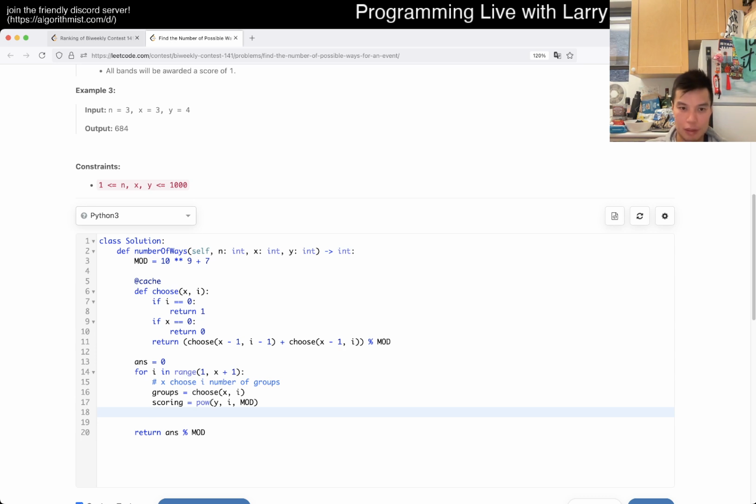So then the number of non-empty sets. So then now it is, we have n people into I groups.